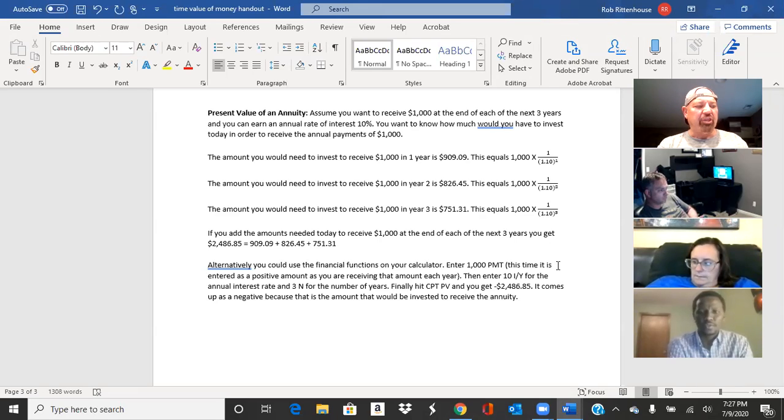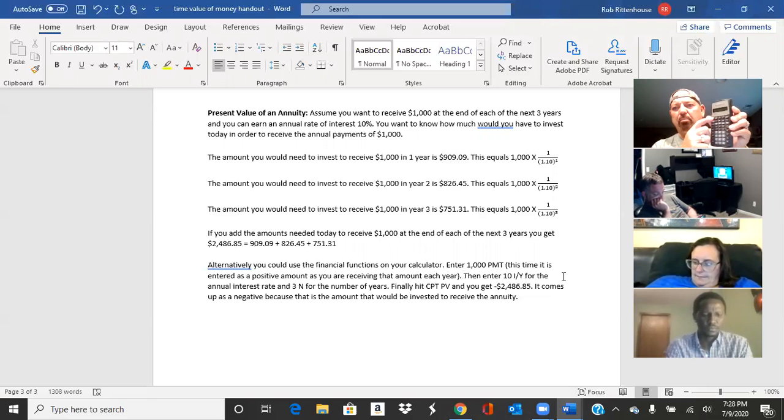So now put in 1,000 payment. Now we're going to enter it as a positive this time, but why? Because rather than paying it out, we're receiving it each year. Then enter 10 IY for the annual interest rate. And again, we're going to hit 3N for the number of time periods.